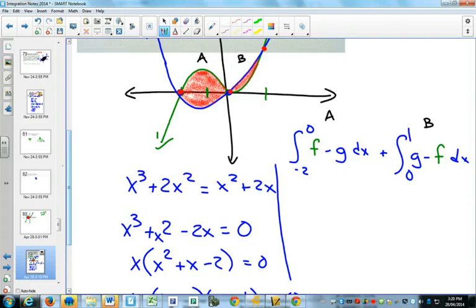Yes, Ichi? If you don't change the order but put an absolute value, it will work. Yes. Is that points taken off for that?